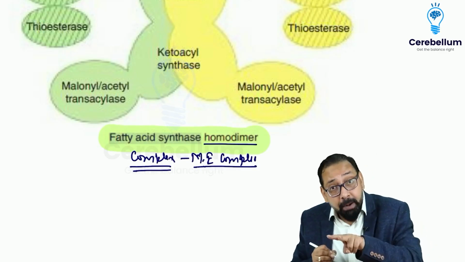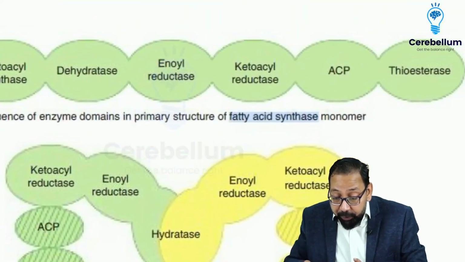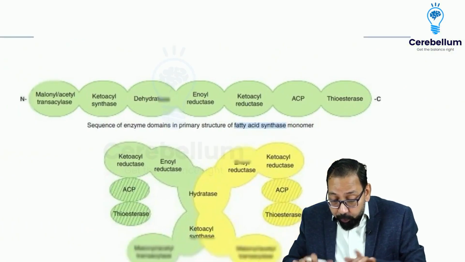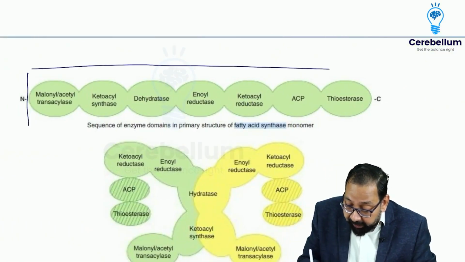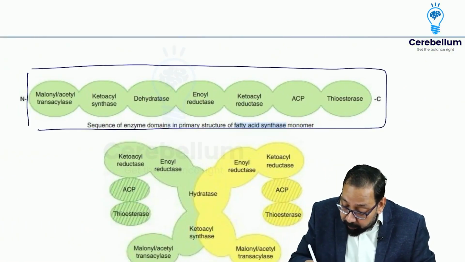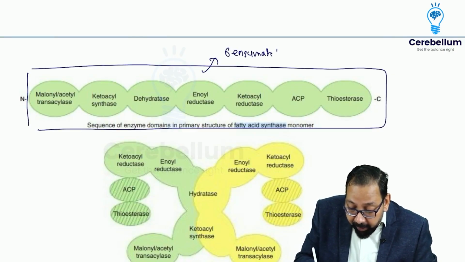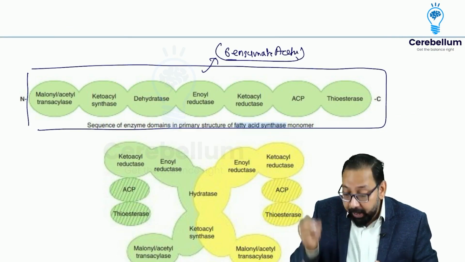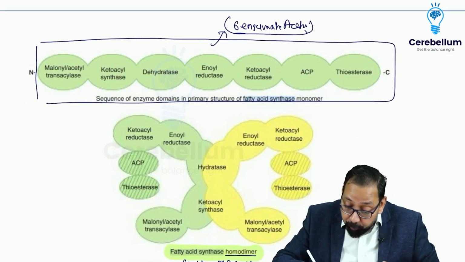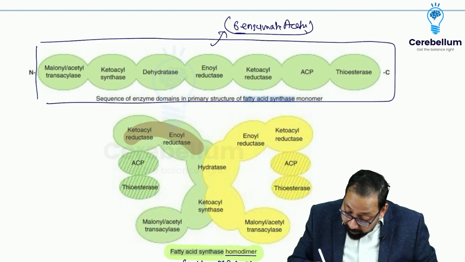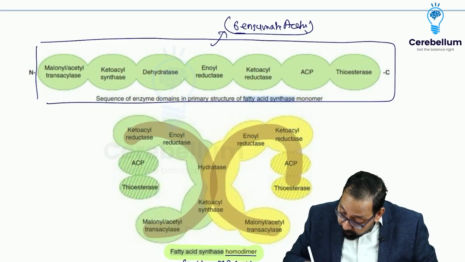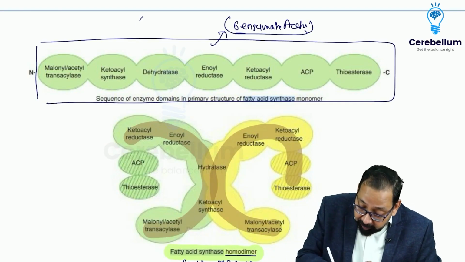Each monomeric unit has 6 enzymatic activities. Questions are asked on this. And when you see the structure of this dimer, it will look like an X, an X-like structure.